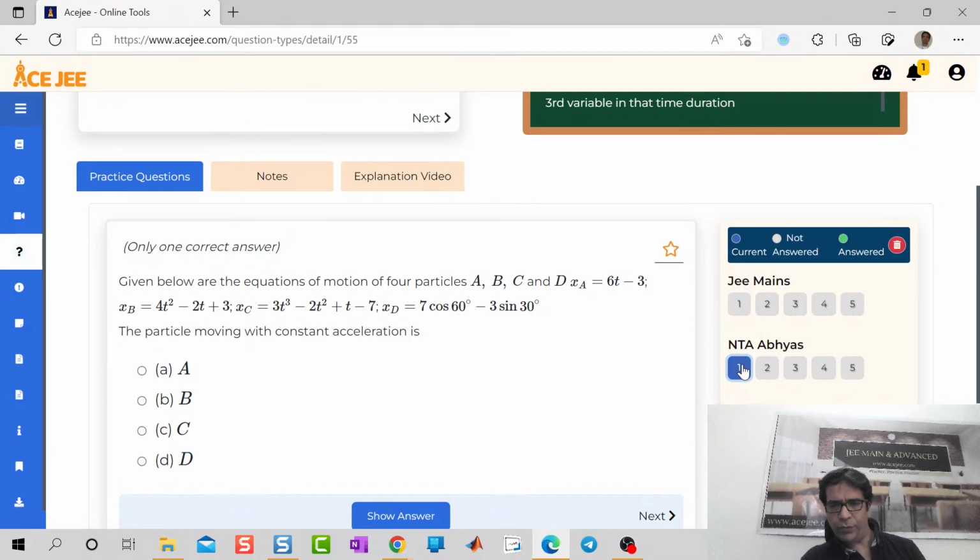Fairly simple and straightforward. Particle moving with constant acceleration.